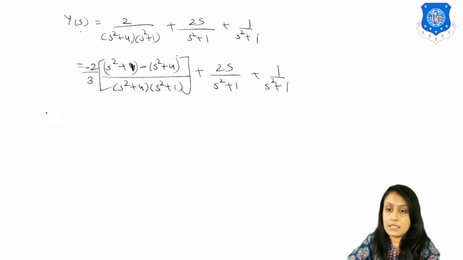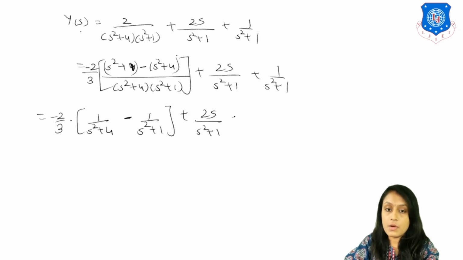Now simplify this, so you will get minus 2 upon 3. Now s square plus 1 will get cancelled, so we have 1 upon s square plus 4 over here, minus, now s square plus 4 will get cancelled, so 1 upon s square plus 1, plus 2s upon s square plus 1, plus 1 upon s square plus 1. Now we'll find the Laplace inverse.